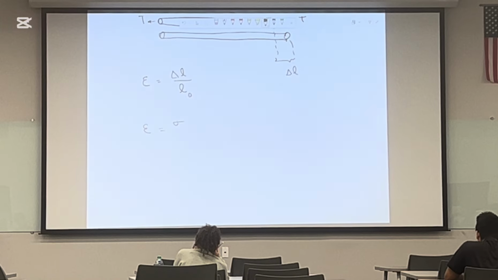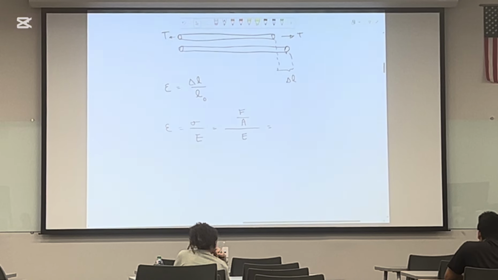So it's going to be stress over the Young's modulus, and we can replace the stress with force over the area, and we are also given the Young's modulus.